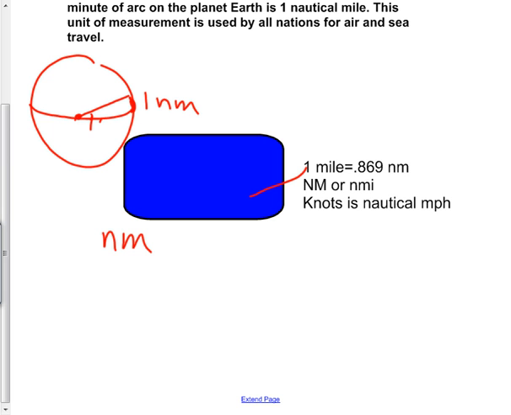And something interesting, since the earth is circular, there's 360 degrees total around it. And each degree can be split up into 60 minutes. So what's 360 times 60? Who can do it?